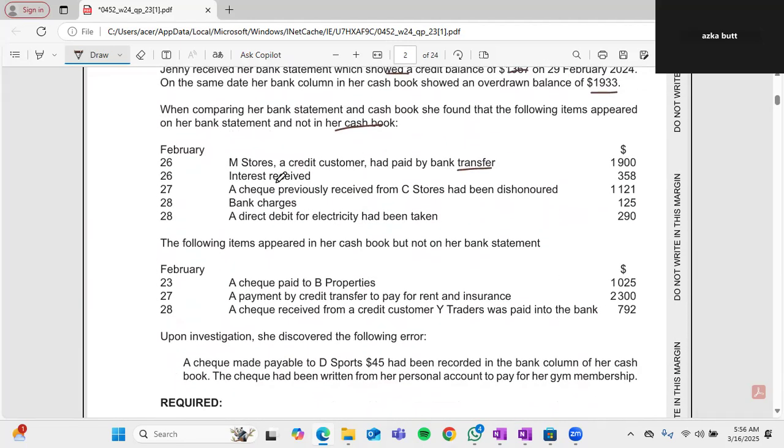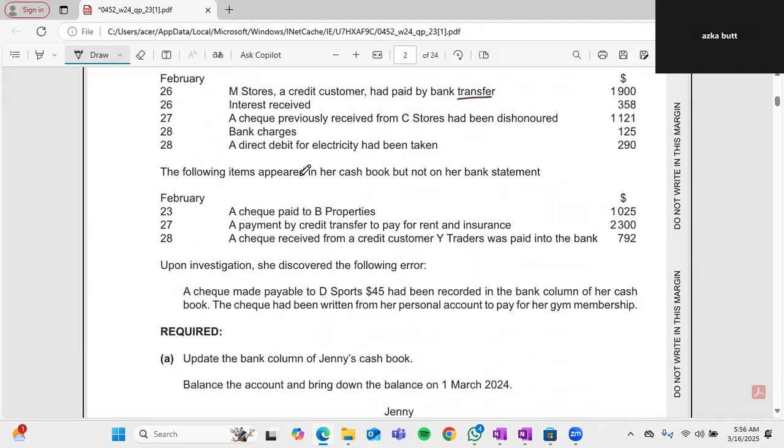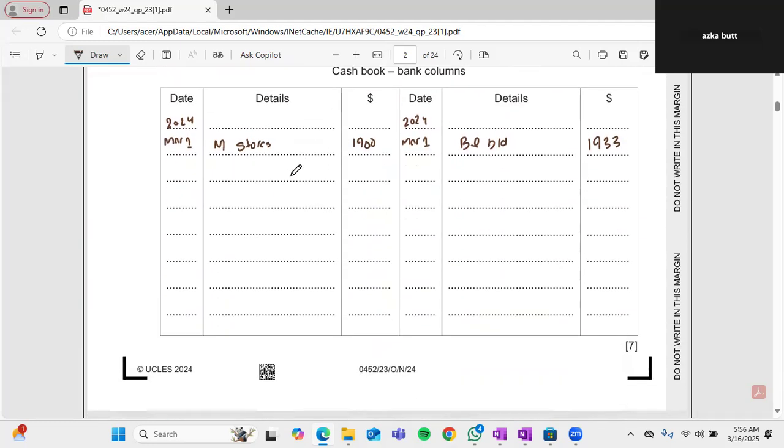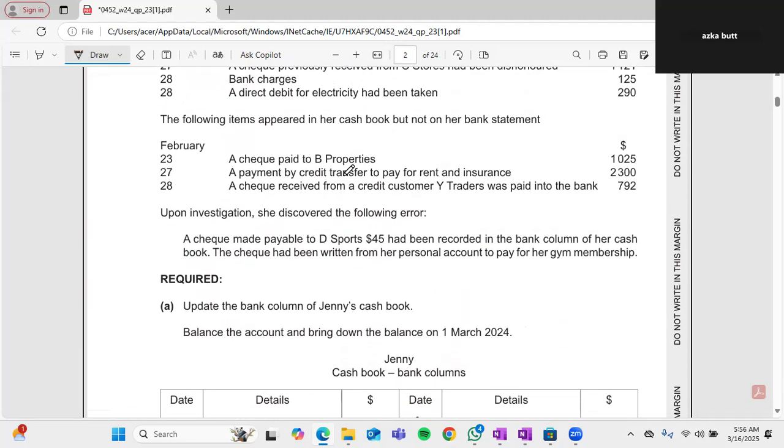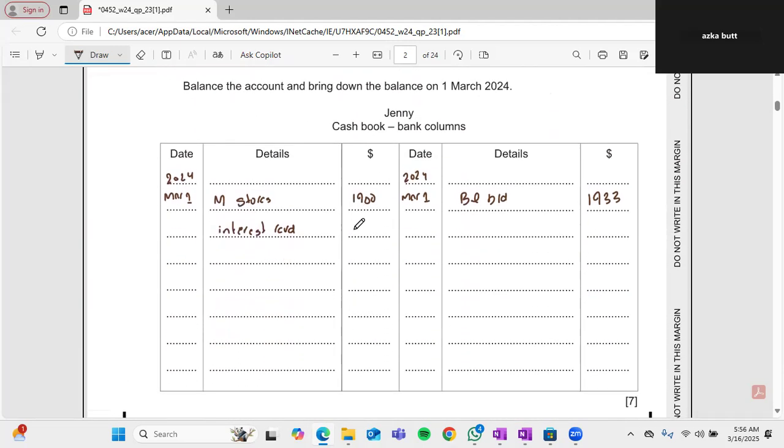And the second thing is interest received. So we receive the interest, so again this is an inflow. So here we have to write interest received, which is 358.